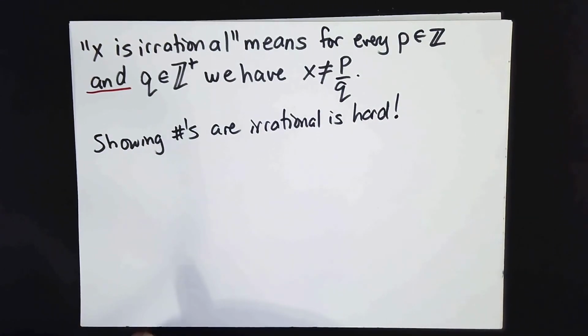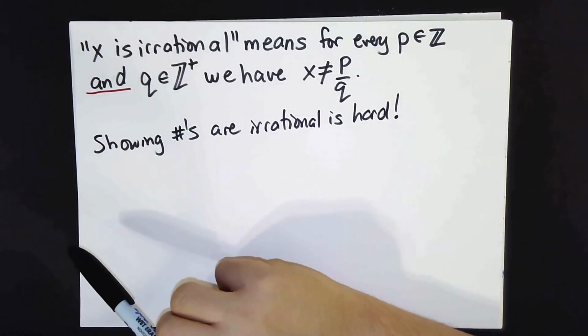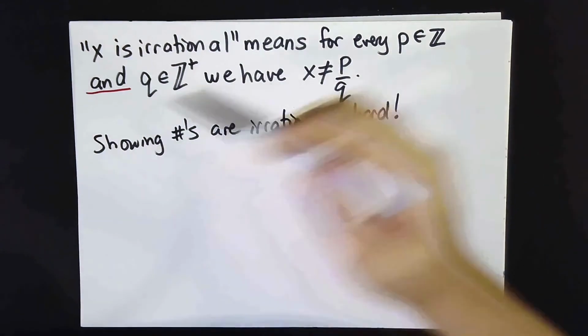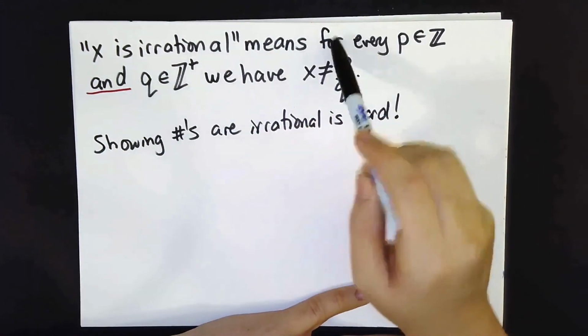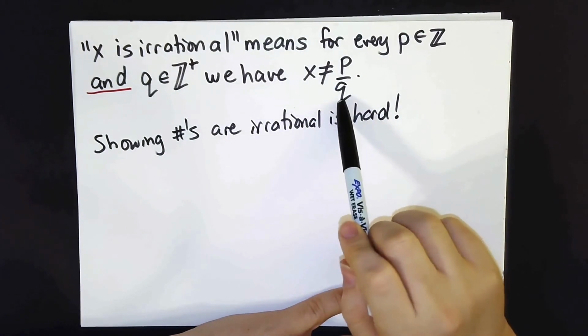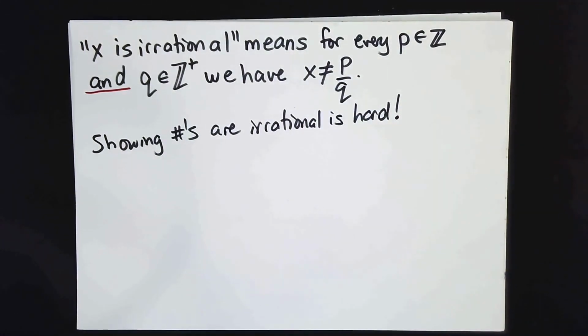But numbers like pi and e, that you probably know are irrational, were not known to be irrational until the 1700s. So these proofs are actually quite complicated, and ultimately the reason why they're complicated is that somehow you have to show this for every pair of integers you don't get pi when you divide them. That's not a super easy thing to show.